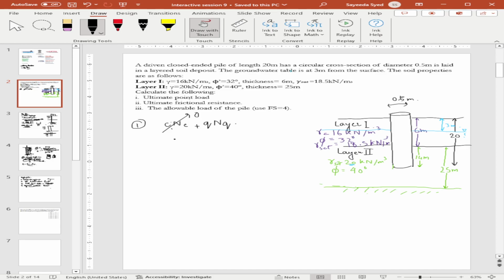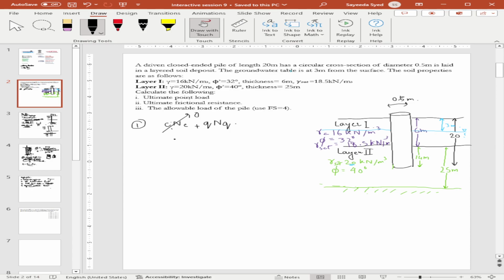but for this we have two sets of values. Which value to use will depend on in which strata this pile is ending. Since this pile is ending in the second layer, our values are supposed to be from those of the second layer. If the soil was ending in the first layer, for example, just here, then we would have taken the values from layer 1.